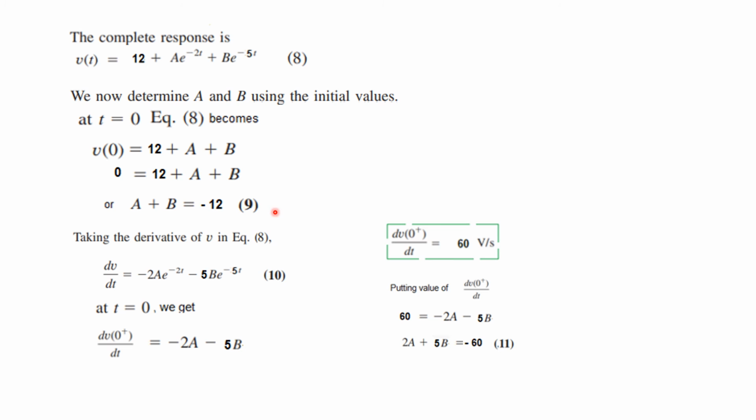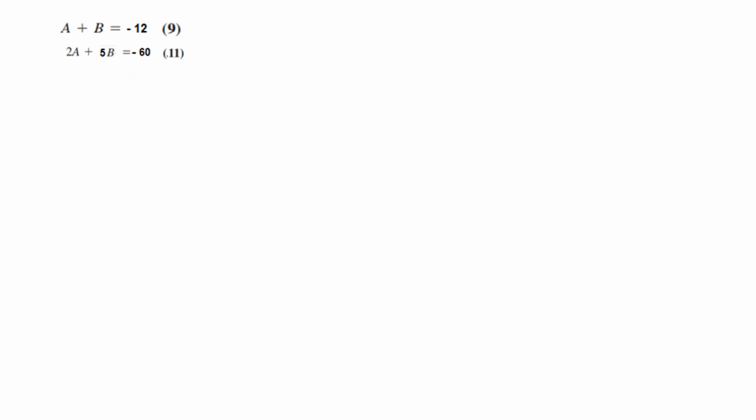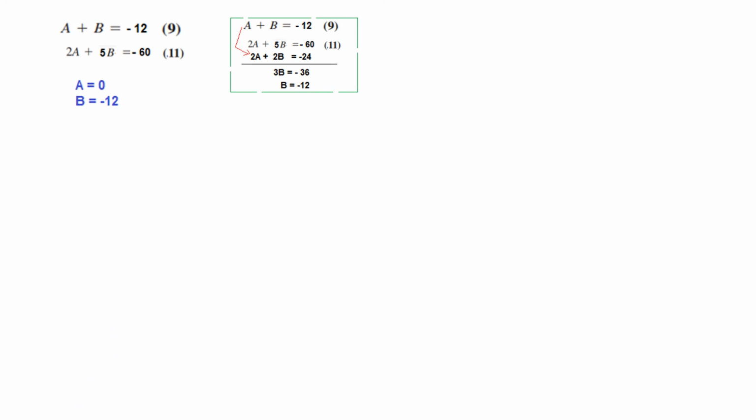So we have two equations now, 9 and 11, and with these we can solve. Simply we multiplied this by 2, and then subtracting we get B equal to minus 12. So I'm sure you can solve it. If you put B equal to minus 12, from here A becomes 0.